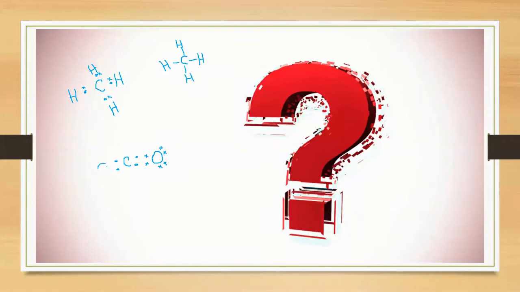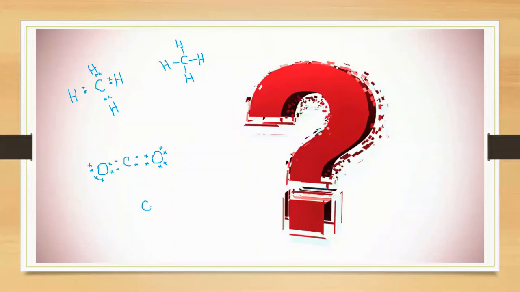Similarly, another oxygen atom combines with the carbon atom by sharing 2 electrons, and as oxygen contains 6 electrons in its outermost energy level, there are 2 lone pairs in that oxygen atom too.